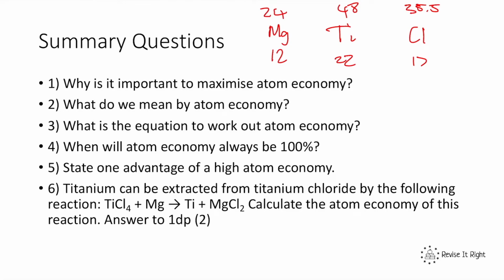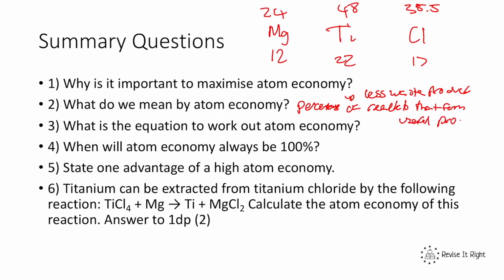So here are some summary questions. Pause the video to have a go. Okay, so why is it important to maximise atom economy? Well, it makes for a greener reaction and therefore less waste product. Well, what do we actually mean when we're talking about atom economy? Well, a good definition is the percentage of reactants that form a useful product. What is the equation to calculate atom economy?